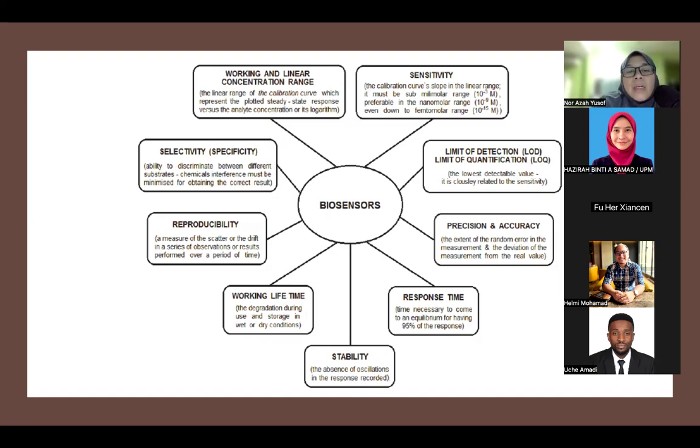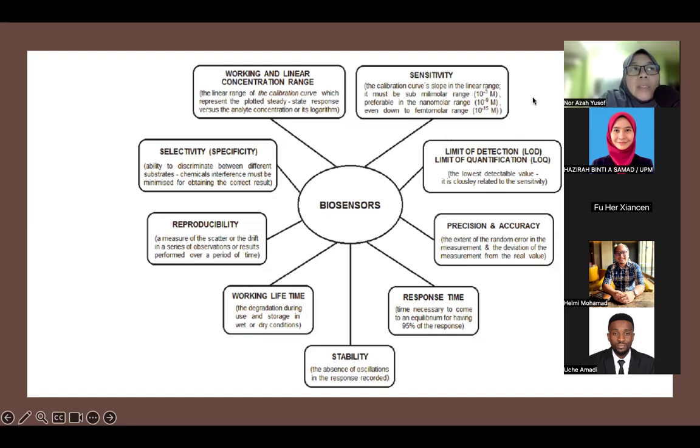Sometimes, as I said, some prefer just disposable basis, so you don't have to do the reproducibility, and some, to be able to reduce the cost, we can also design a regenerable sensor. Okay, right. We have done this. Okay, precision, reproducibility. And now the next one, which is very important, is sensitivity.